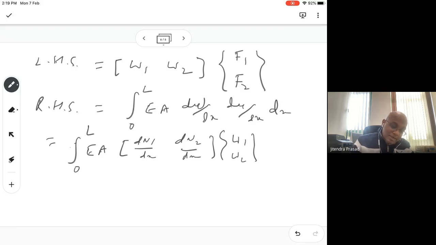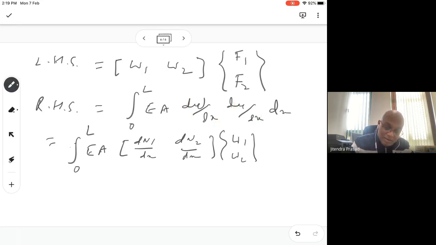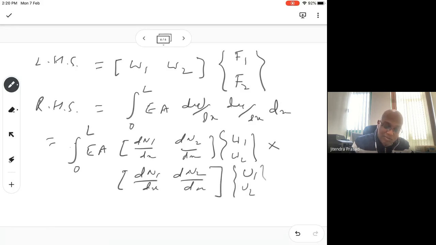Then you have du/dx, so again we multiply that with dN1/dx, dN2/dx multiplied by u1 u2. So this one is du/dx multiplied by dx.